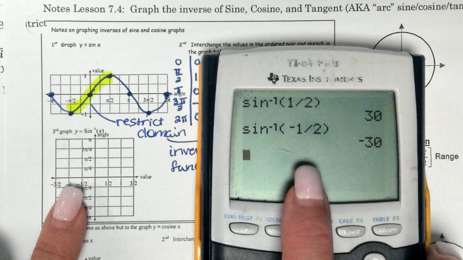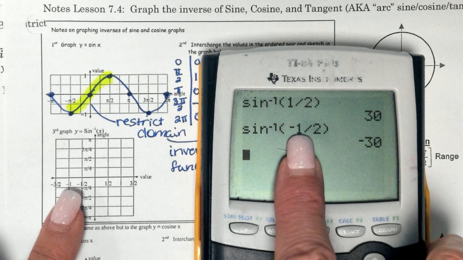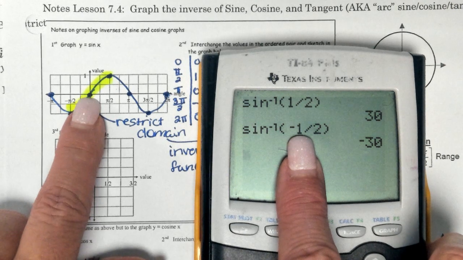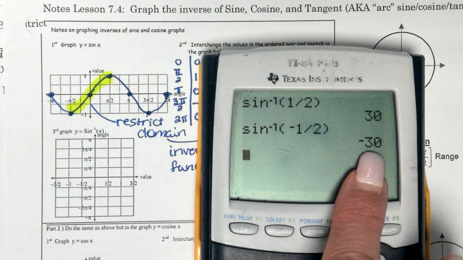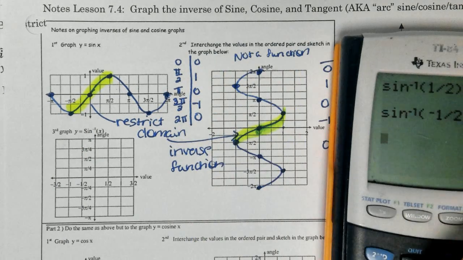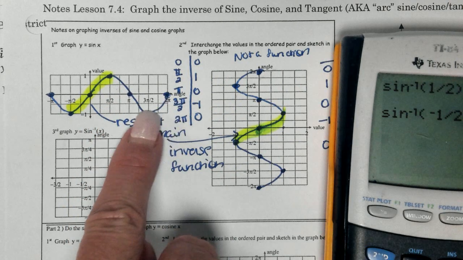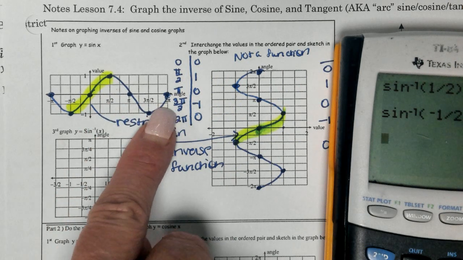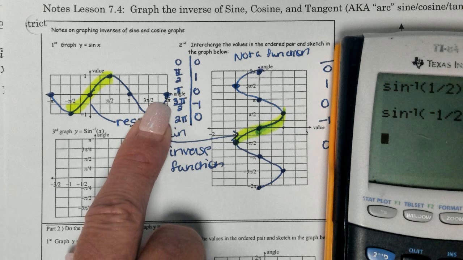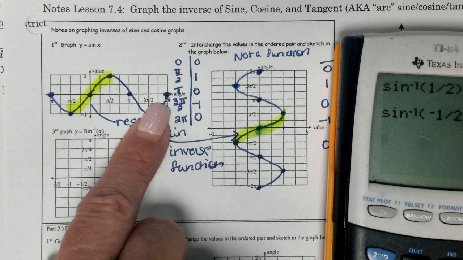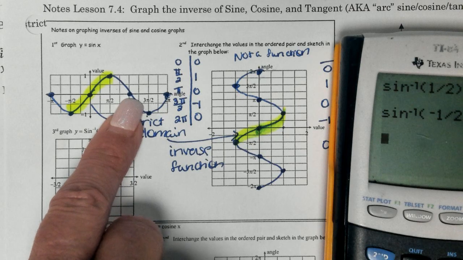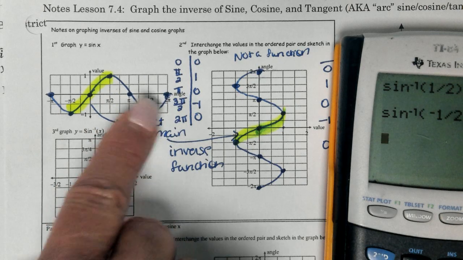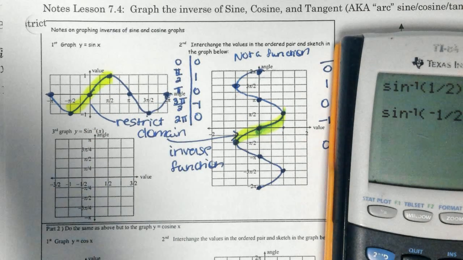When I used a negative ratio, it went back into negative quadrant 1 and gave me the angle -30. It's not going to give you anything over in quadrants 2, 3, or 4 because they're restricted. We can't have an inverse function if we use these. So that's why it's going back the other direction.